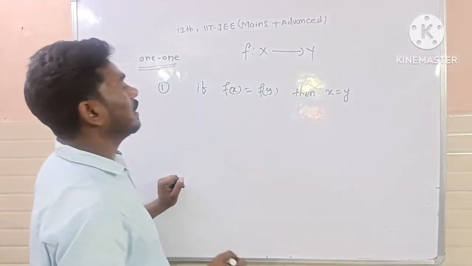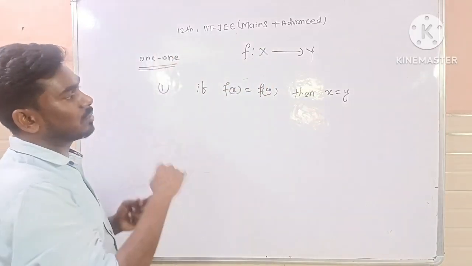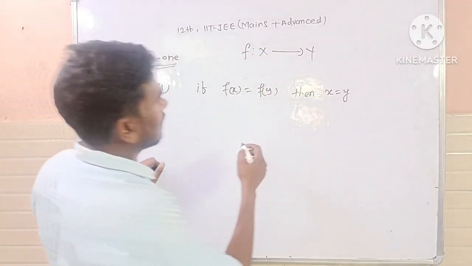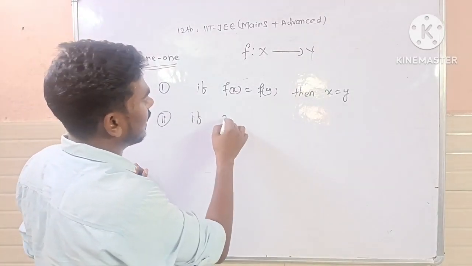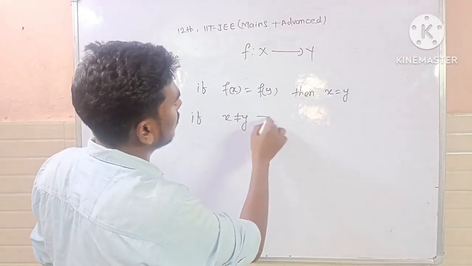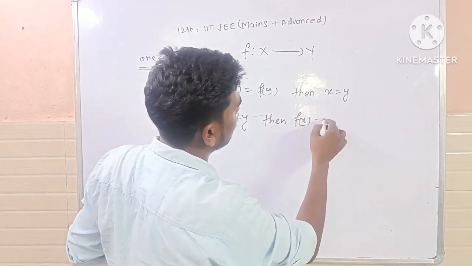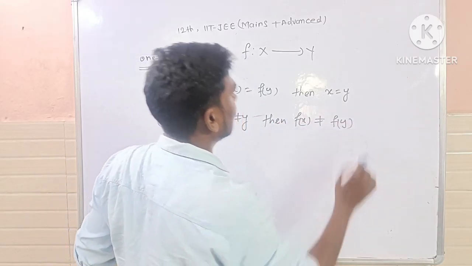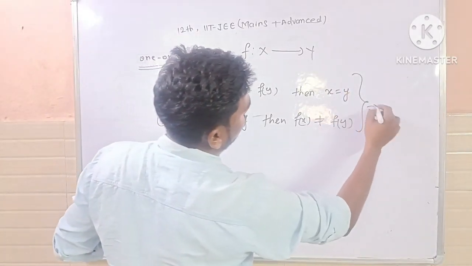If it does, then this function is one-one, otherwise no. The second way, if and only if: if x is distinct from y, then f of x must be distinct from f of y. So this is the basic definition of a one-one function.